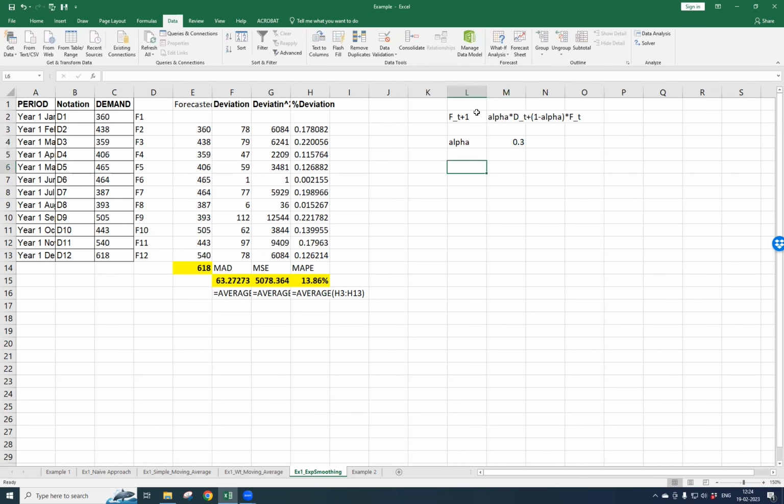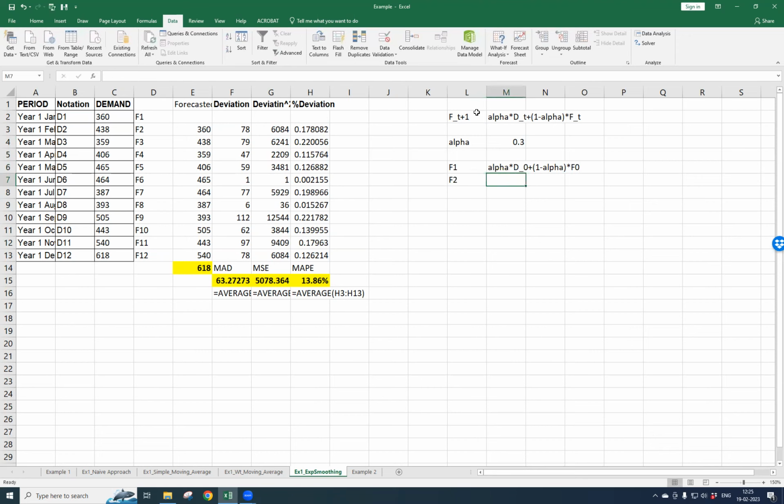Now, the same way we have looked at the previous case, if you want to calculate F1, F1 happens to be alpha into D0 plus 1 minus alpha into F0. Neither do we have D0 nor F0, so I cannot go ahead with that.